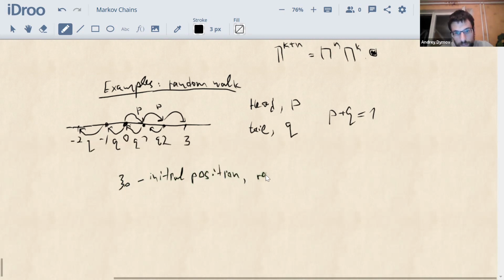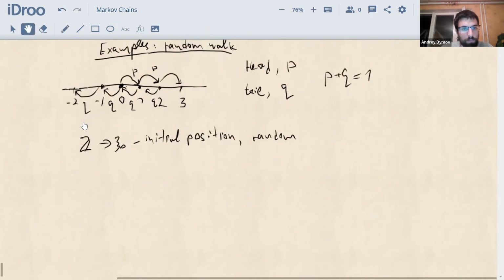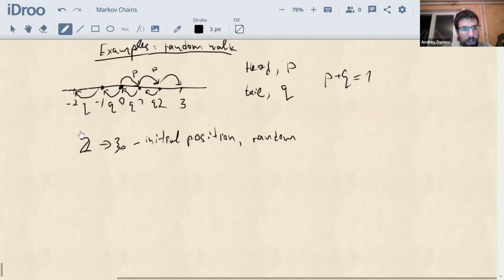This is of course random. This can be random. It belongs to Z, right? This entire number. Then I have results of my tosses of the coin.